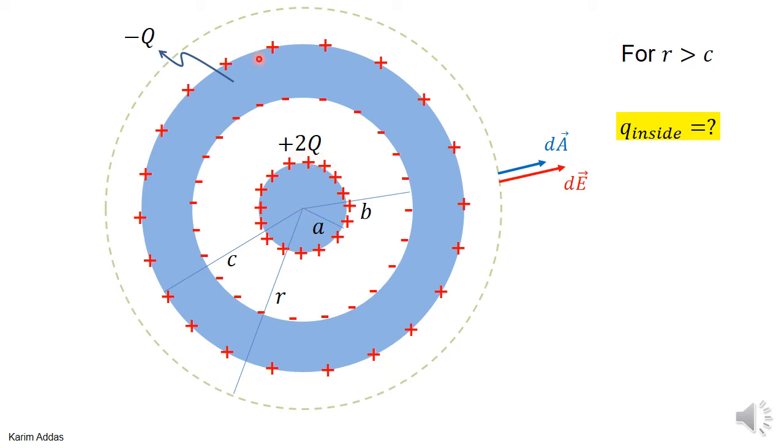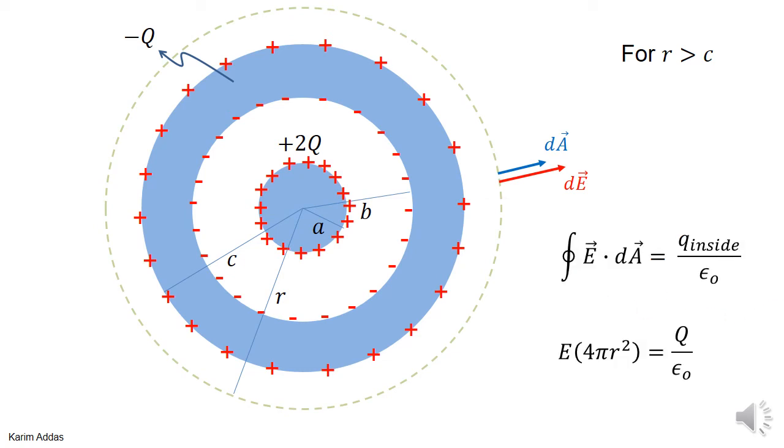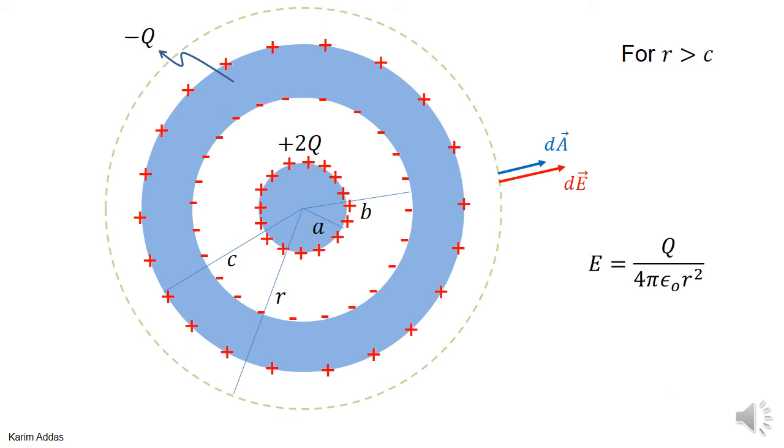So the total charge inside the dotted spherical shell is 2Q minus Q, which is just Q. So the left-hand side of Gauss's law is E times 4 pi r squared, and the right-hand side is Q over epsilon naught. So the electric field is just Q over 4 pi epsilon naught r squared, which is the same as the electric field due to a point charge with value Q located at the center of the problem.